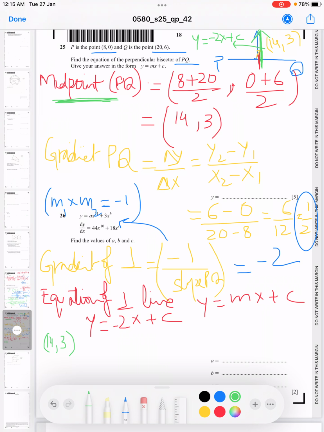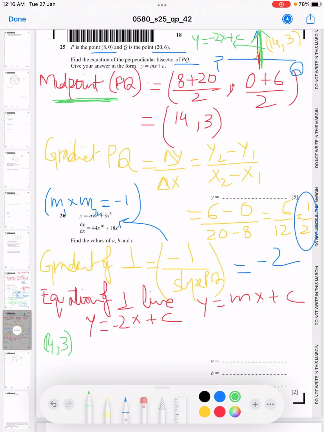So let's substitute the values. These points must obey the perpendicular bisector equation.